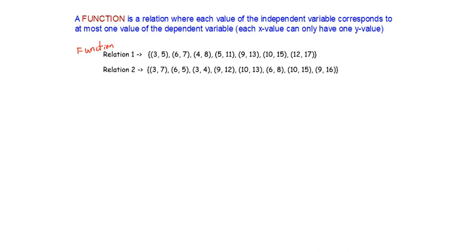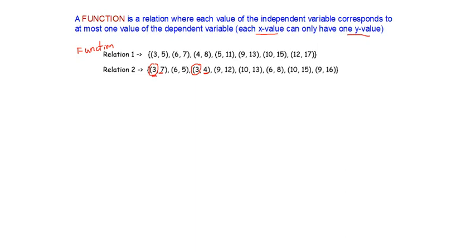Whereas if we look at this second relation, you can see here that when x is equal to 3, y is equal to 7. But further along, we can see that when x is equal to 3, y is also equal to 4. So this is an example of a relation that is not a function because it doesn't satisfy the condition up here that every x value can only have one y value.